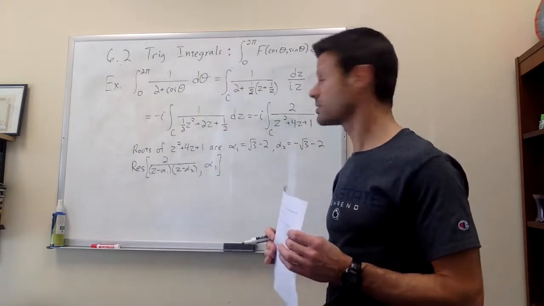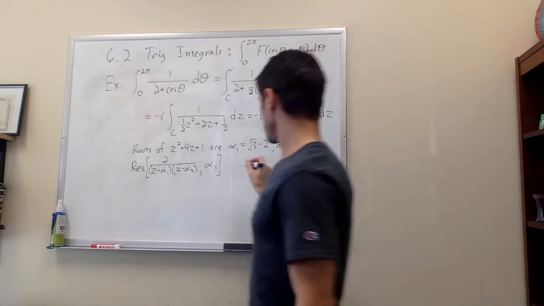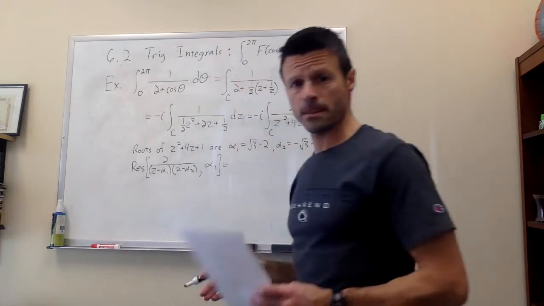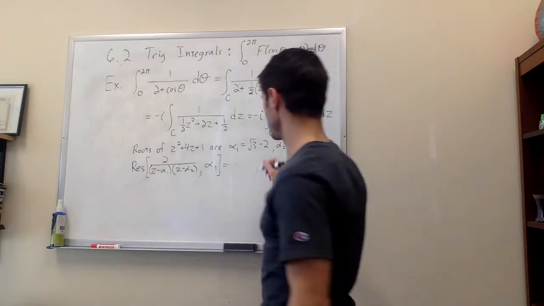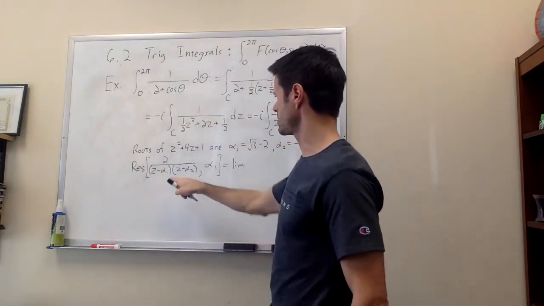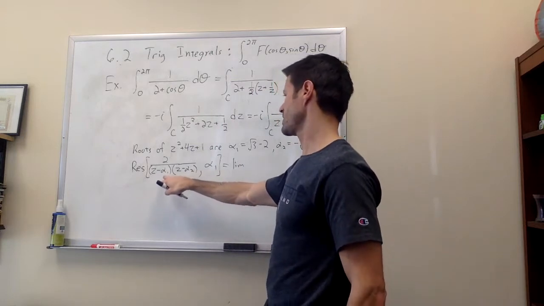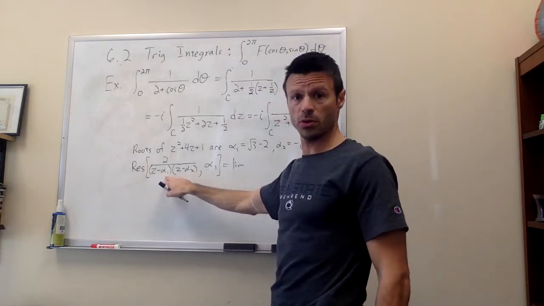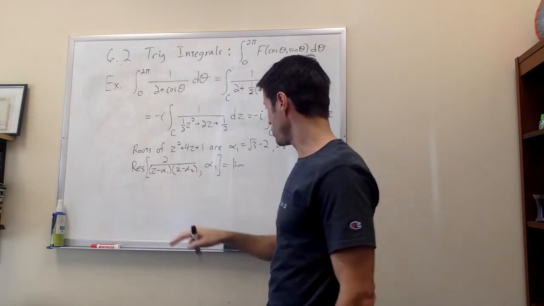By theorem 1 in chapter 6, it's equal to a limit, since alpha 1 is a simple pole.